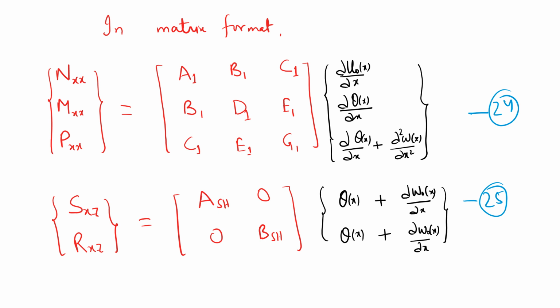Now in matrix form we can write Nxx, Mxx, and Pxx as this A1, B1, C1 matrix with the displacement vector, derivatives of that. Similarly, the shear force we can write in this way: Sxz and Rxz, ASH into 0 and VSH into this.